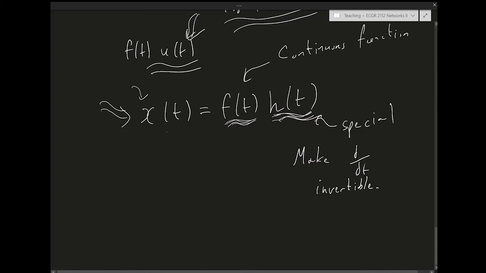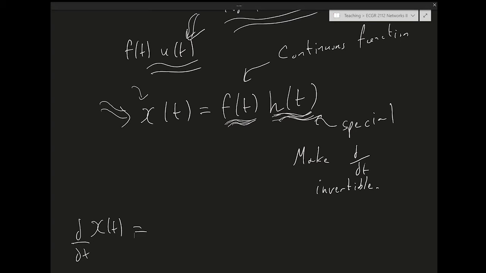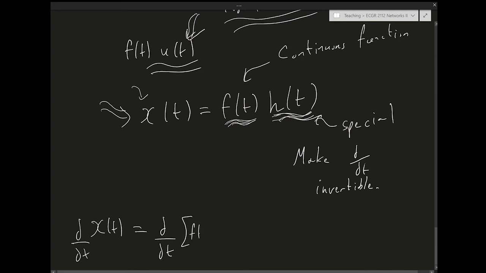So we said we want to introduce the special function h of t to make d by dt invertible. Well, let's check. I want to determine what this h of t needs to be. So let me differentiate this: d by dt of f of t h of t. How do I differentiate this?